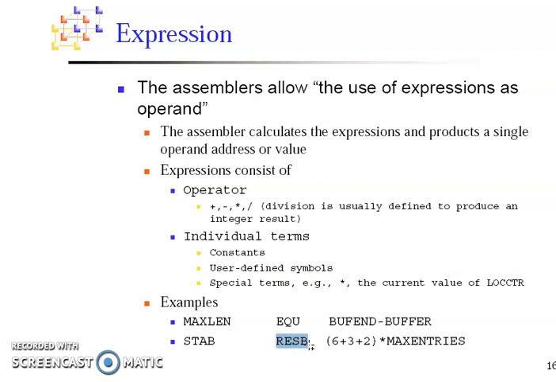STAB will have three fields: symbol, value, and the type of the symbol, and some size will be mentioned, for example storing 100 entries. In that data structure 6 bytes are for storing the symbol name, 3 to store the value, and 2 to store the information regarding the type.